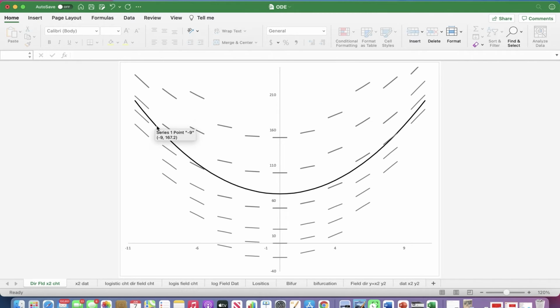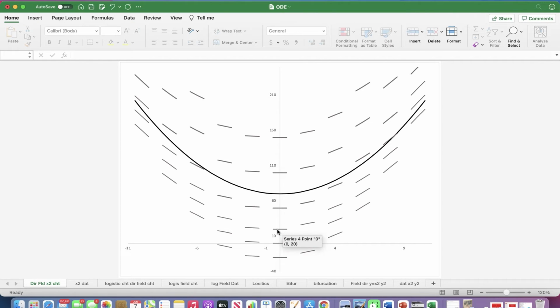And I plotted a parabola just to show you how close the directional field will give you information regarding the particular parabola. I actually raised this parabola. It probably should be a little lower.